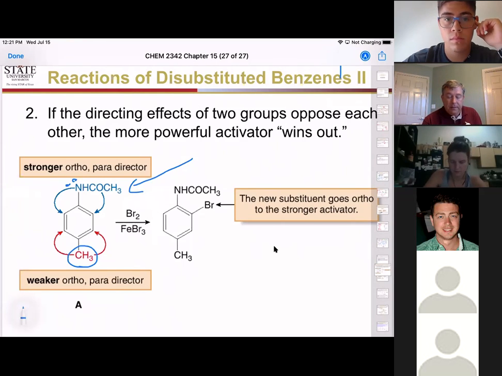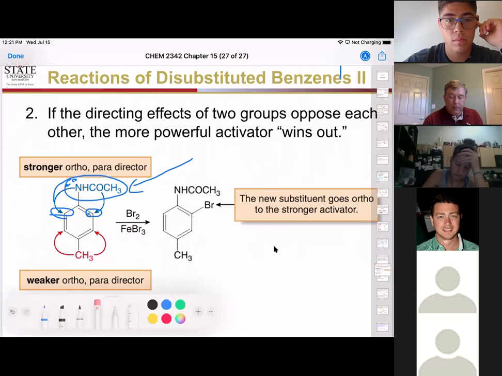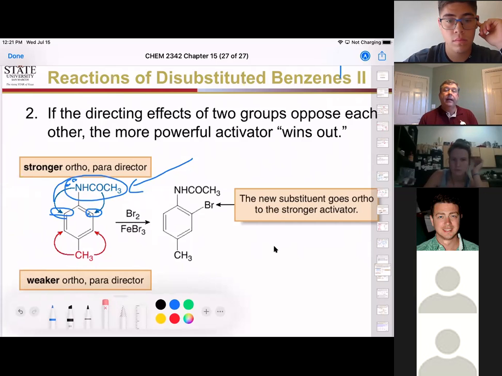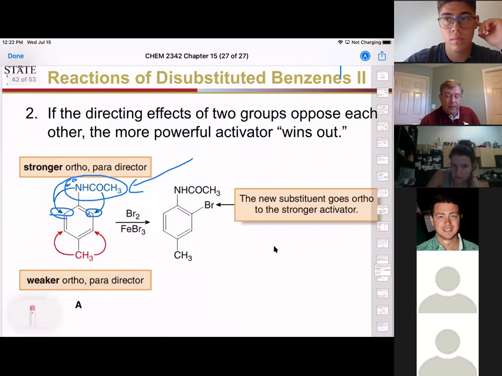So this amine group with the lone pair on it is directing ortho-para, but again, the para position's blocked, so we're not worried about that. So these two are where the amine is directing it. Now if we look at our methyl group here, it's only weakly activating, but it's also an ortho-para director. The para position's blocked, so it's activating it toward these two slots here.